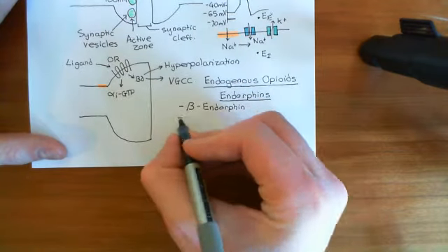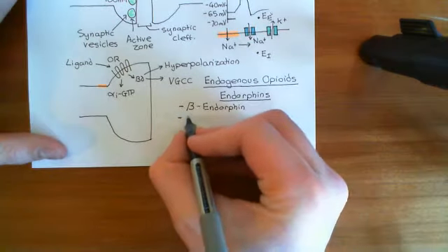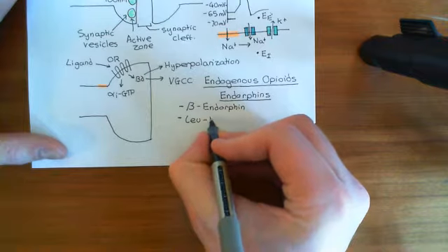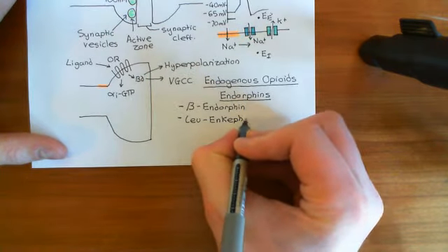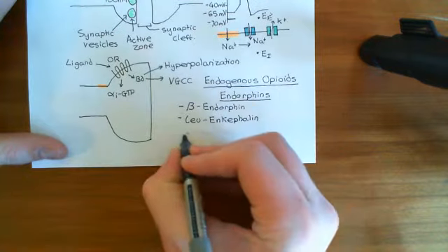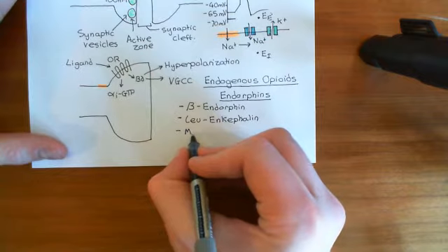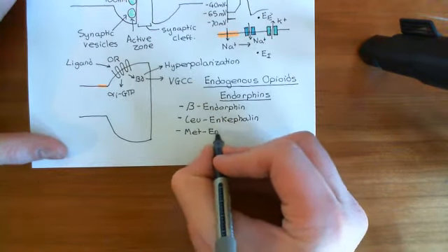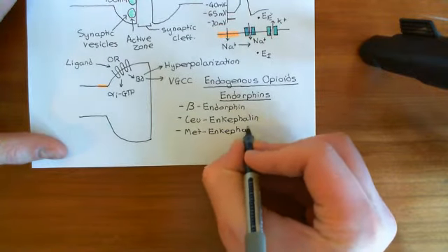Another example of endogenous opioids is leucine enkephalin. Okay, and you put a leu for leucine and then enkephalin. Okay, which is another example of an endorphin. Then we also have methionine enkephalin, which we'll abbreviate to met enkephalin. Okay, so there's 3 examples now of endogenous opioids.